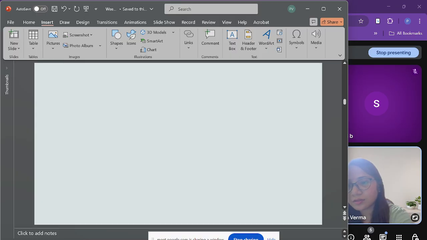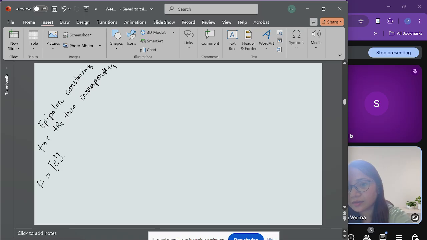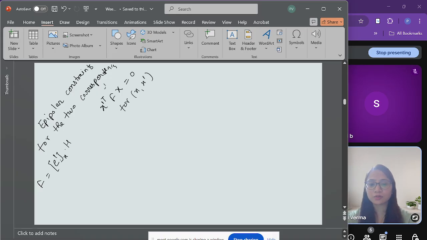Okay, so the epipolar constraint for the given two correspondences, with F calculated by e dash cross times H, we already know that x dash transpose F x is equal to 0 for the x comma x dash point, right? Here two points are given, so we have to calculate for both. So we also have to calculate x dash transpose F x is equal to 0.